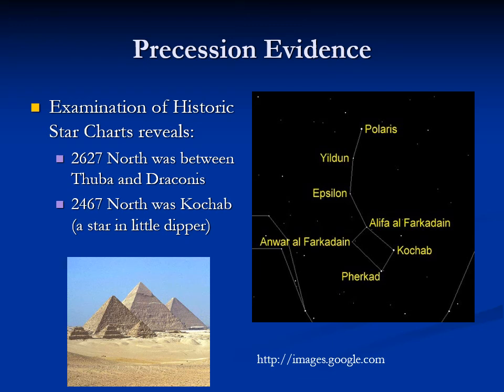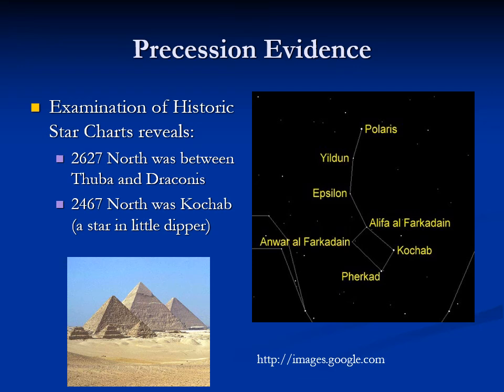So the Earth not only rotates and revolves, it also precesses. And so what is the precession evidence? Well, if we look at historic star charts, they tell us that 2,627 north was between Thuban and Draco, if you look at these pictures on the side.